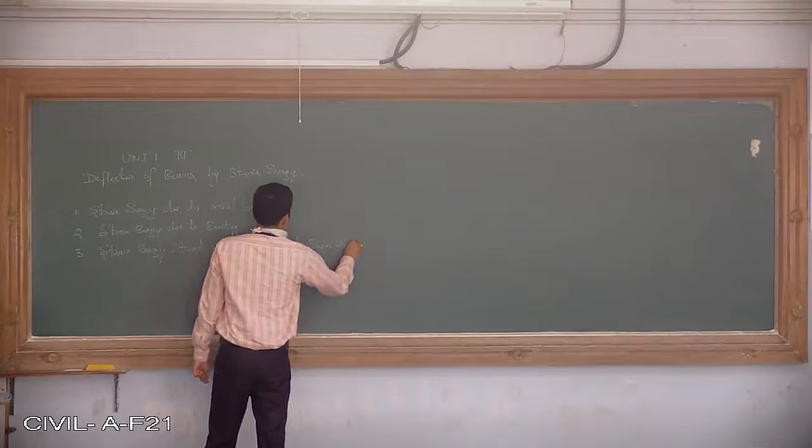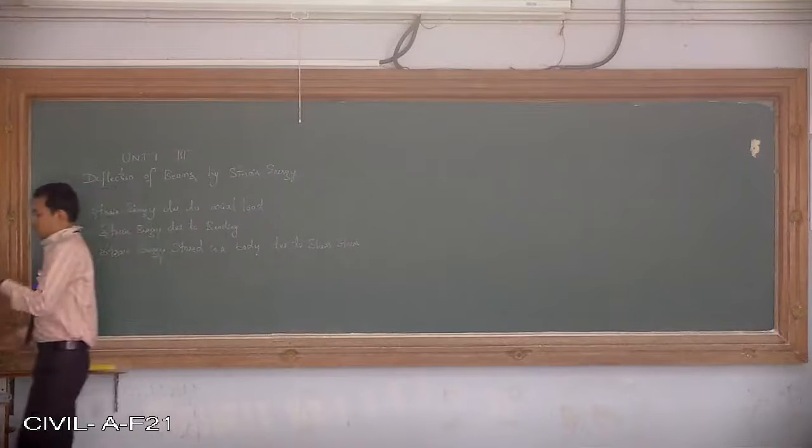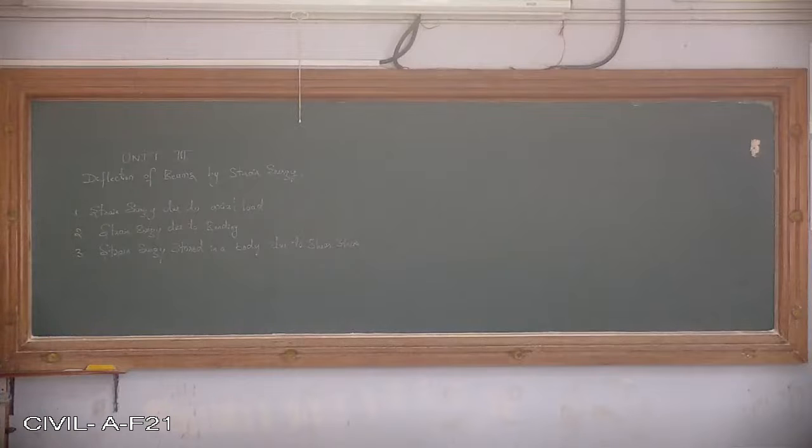due to shear stress. To brush up the basics about what is strain energy, we know that every material has got deformation, which is elastic in nature. After removal of load, it regains its original shape. That is the quality of elastic materials, whereas brittle materials fracture soon.